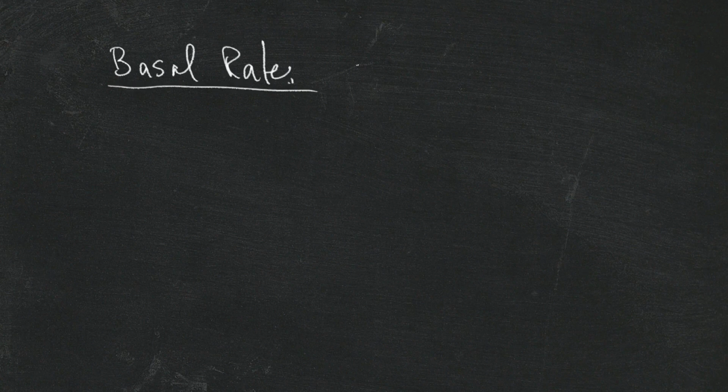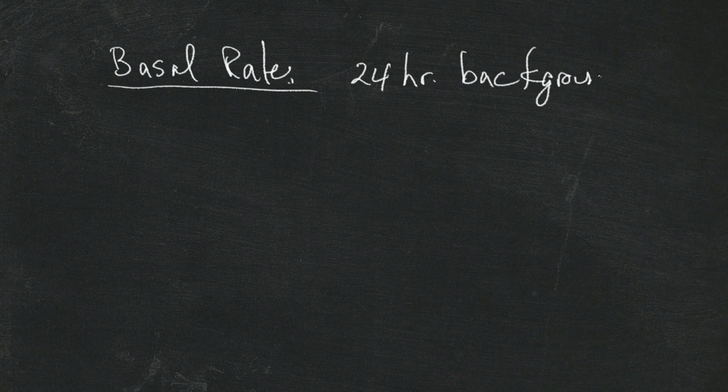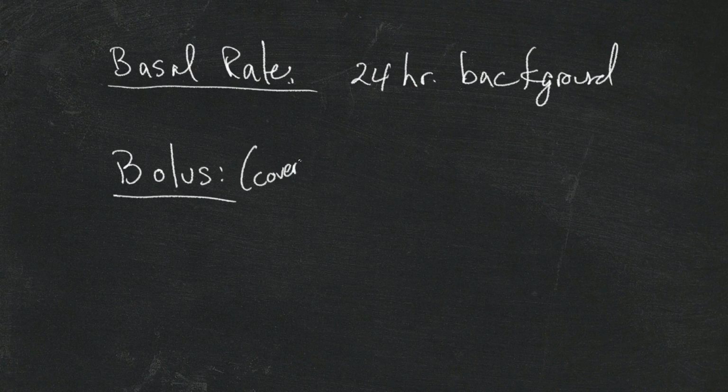we need a basal rate of insulin, meaning a 24-hour background amount, and we need something for boluses, or a quick shot for covering food or correcting. It's a quick shot of insulin.